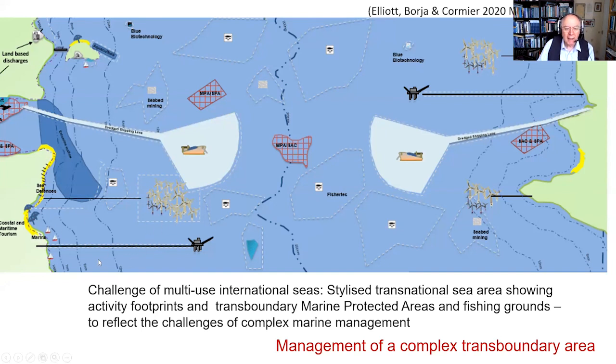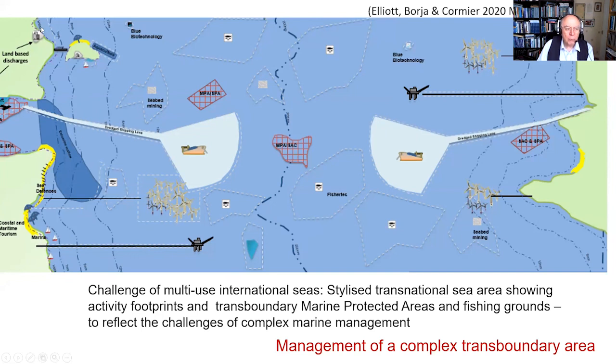And this is a stylized map of an area. It happens to be across two countries. There's one at this side, a dividing line, and one at that. And you see within those, there are many things happening. The discharges that come out from the catchment and give us this estuarine plume.